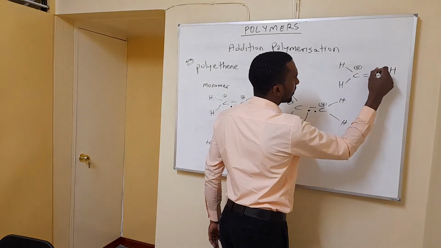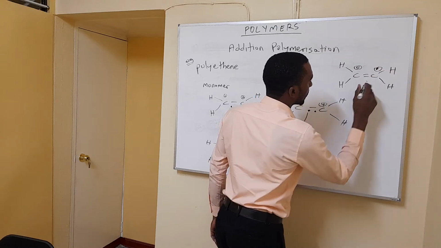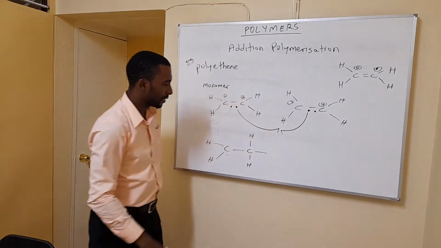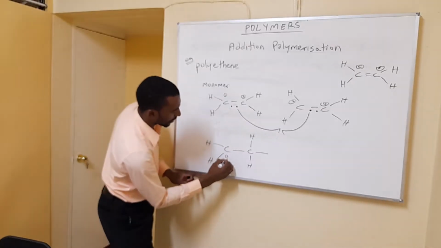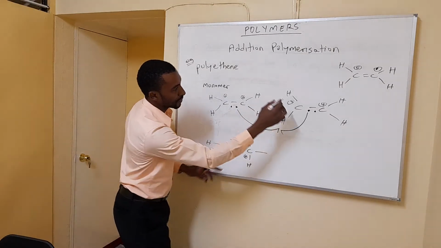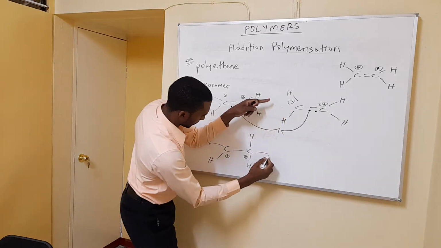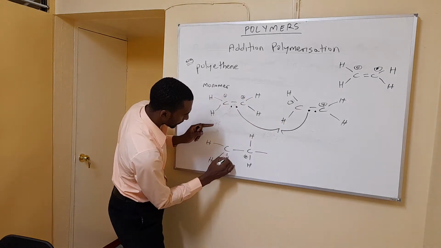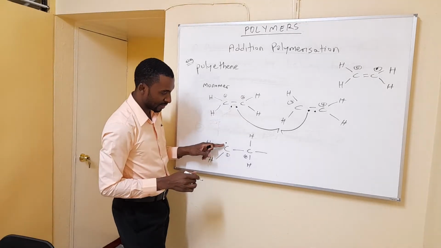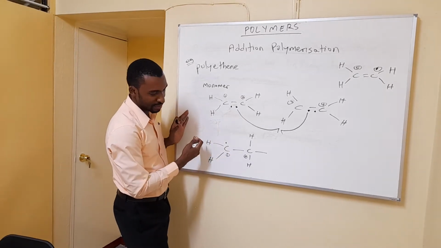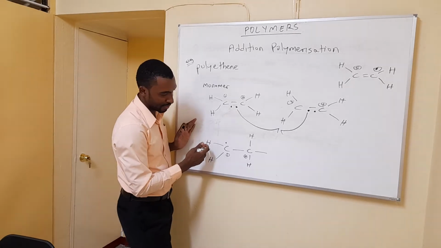Alright, so this is a 5, 6 carbon. So it's 3 different ethene molecules, right? So this is still carbon number 1, carbon number 2. This third molecule here. Remember that there's still 1 electron in this carbon which can join with another ethene molecule to extend the chain. Right?